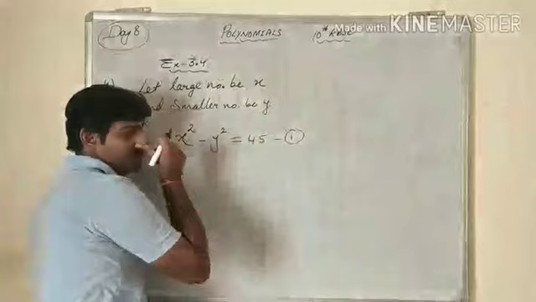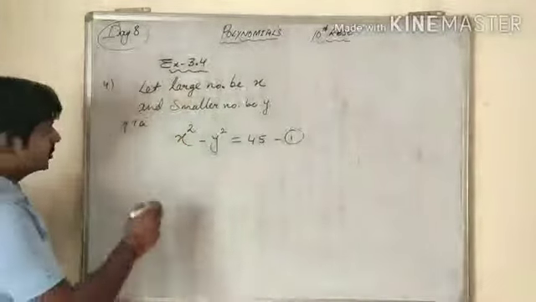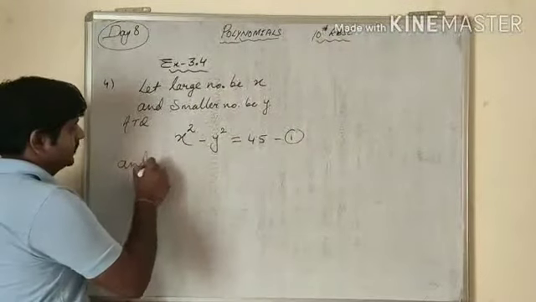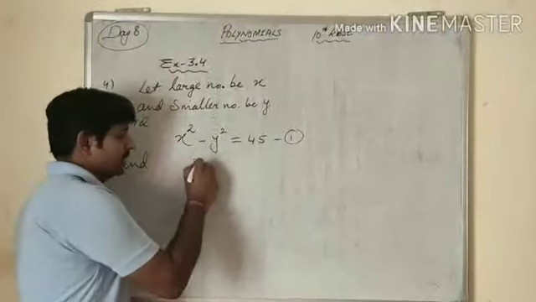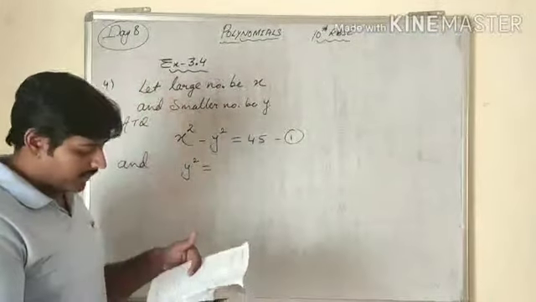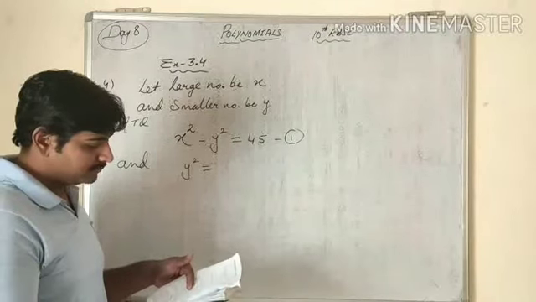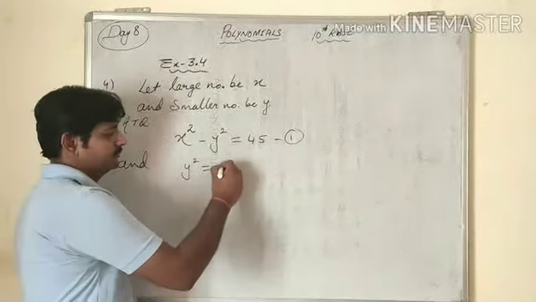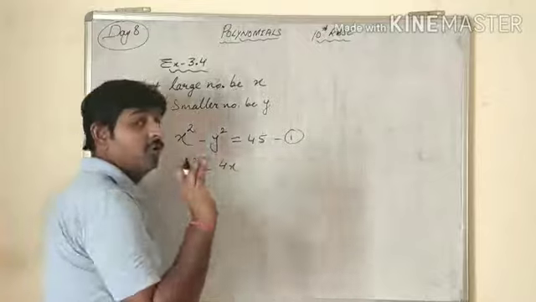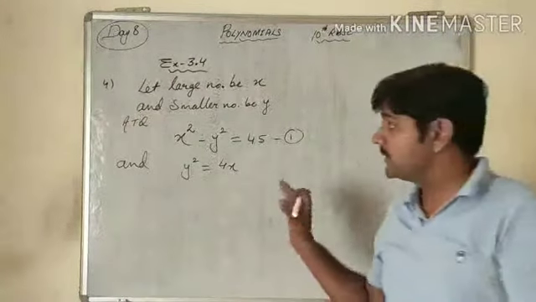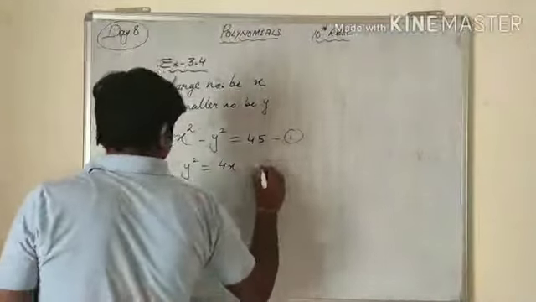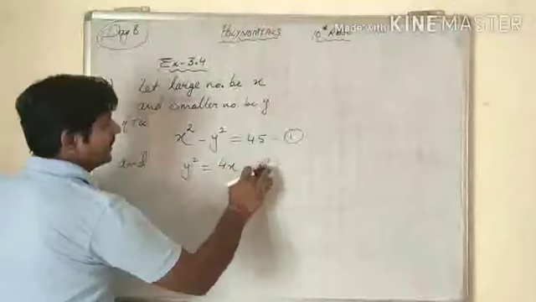This we take as the first equation. And one more thing is given: the square of the smaller number is 4 times the larger number.